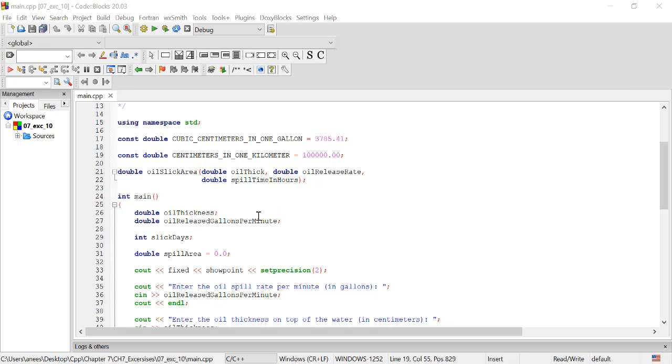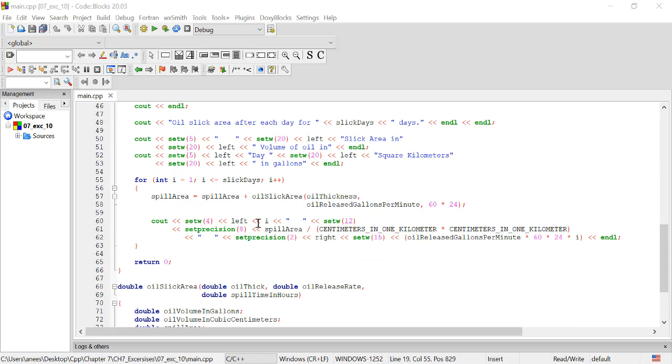Now we can move down here, and you can see that we actually used the oil slick area in coordination with a for loop, and this for loop allows us to determine the amount of gallons of oil and how many kilometers that this oil slick covers for each specified day.